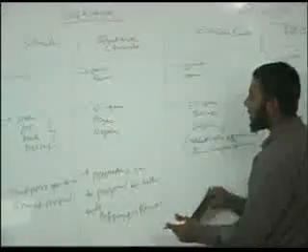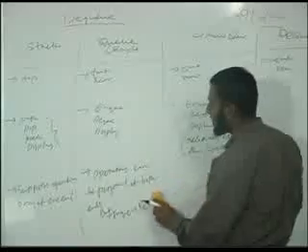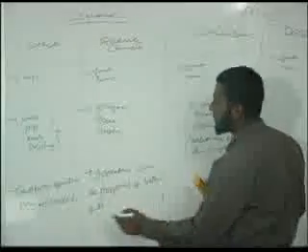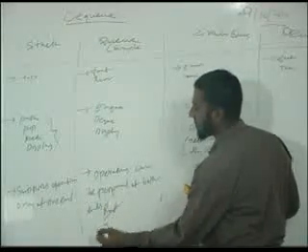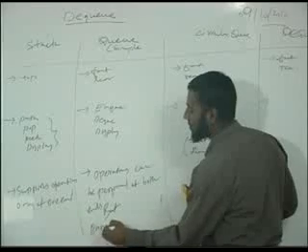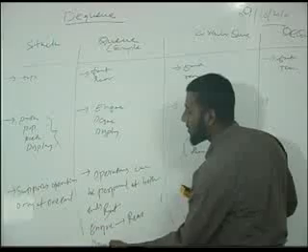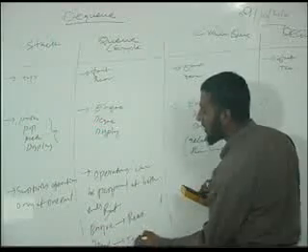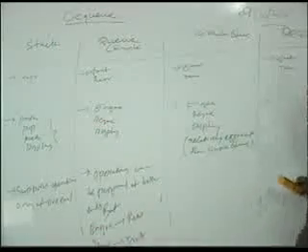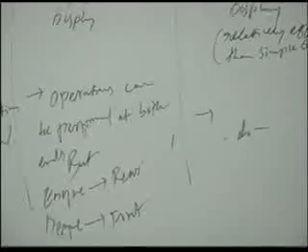NQ is performed only at the rear end, and DQ is performed only at the front end. In circular queue also same. At the rear end, NQ can be performed, DQ, removing of elements, can be performed at the front end.